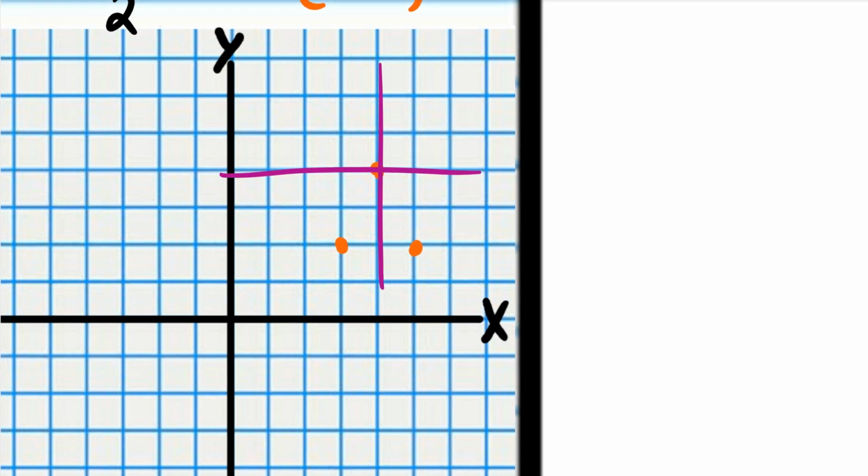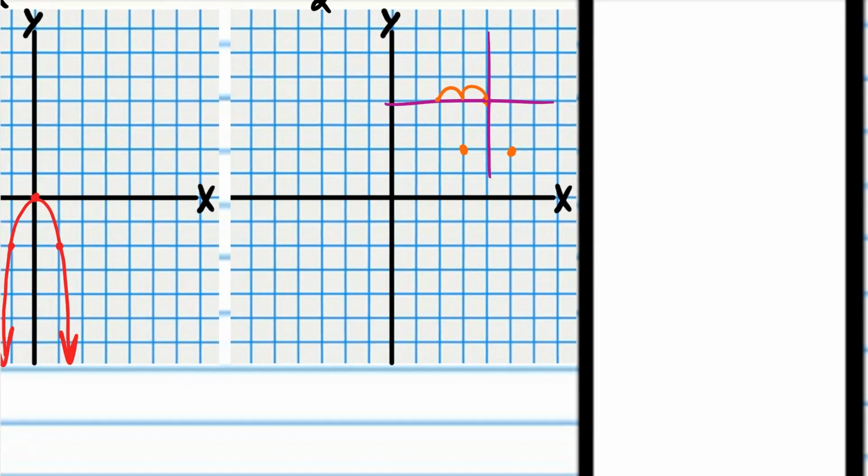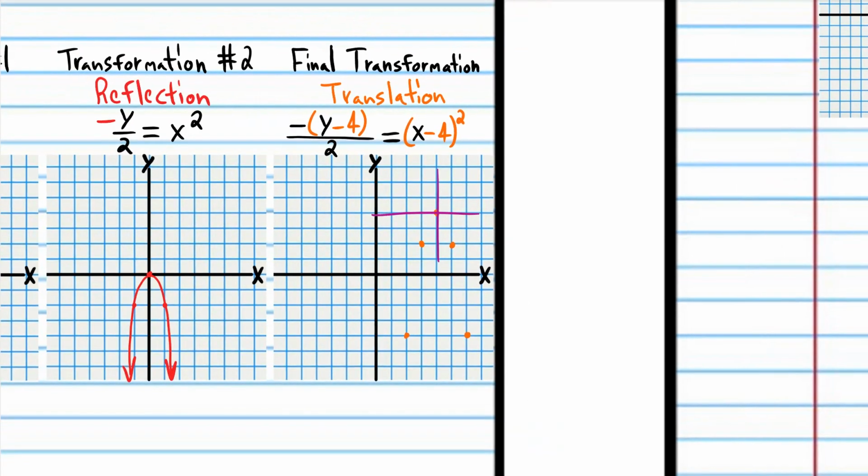So what that means is we're going to count 2 units over and go down 1, 2, 3, 4, 5, 6, 7, 8. That's if you plug in positive 2, but if you plug in negative 2, you get the same thing that you get when you plug in positive 2. So positive 2 takes us down to there. There's a lot of different ways to find extra points if you need to find them, but that's just the way that is easiest.